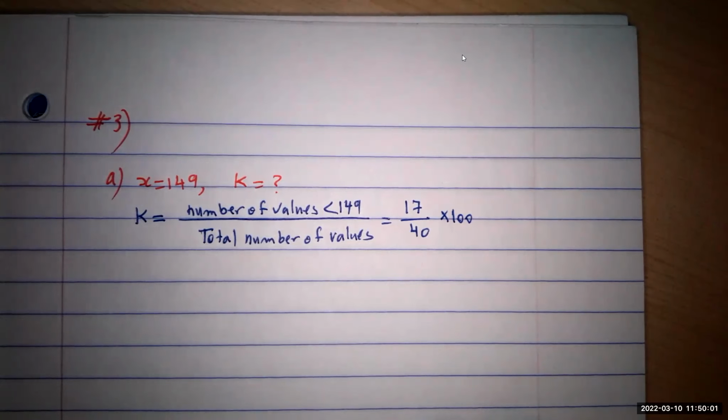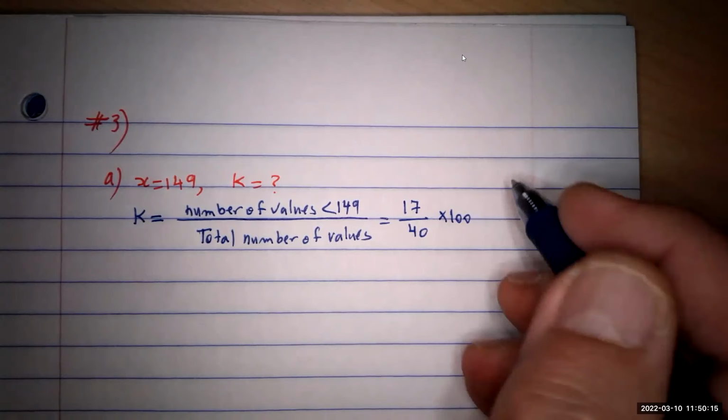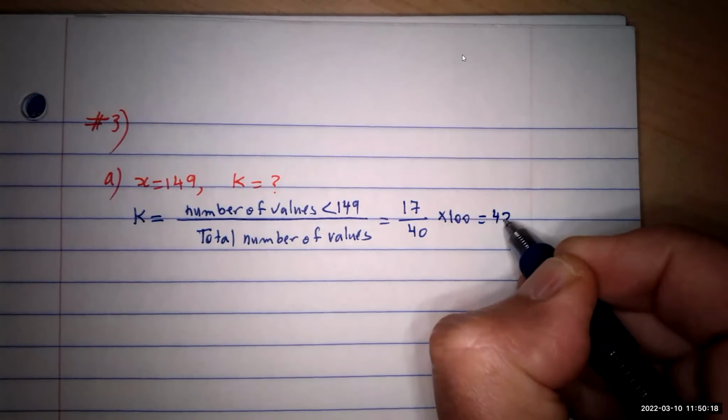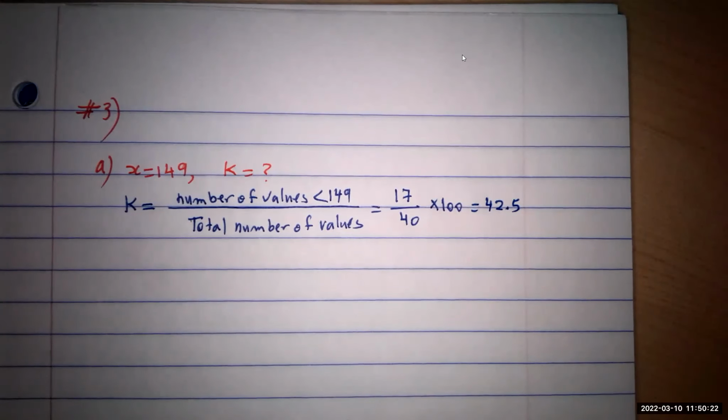So this is going to be 17. You divide the 17 by 40. That gives you something like 0.425, and you multiply it, it's going to be 42.5. This is going to be the number that you have. When it's a 5, you can keep it, or you can round it up to make it a whole number.